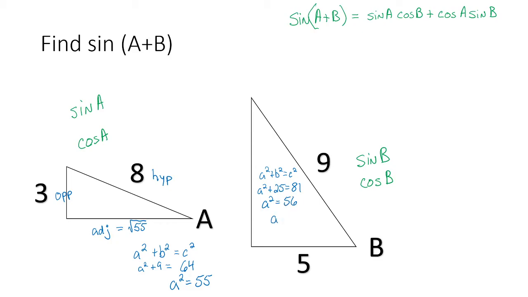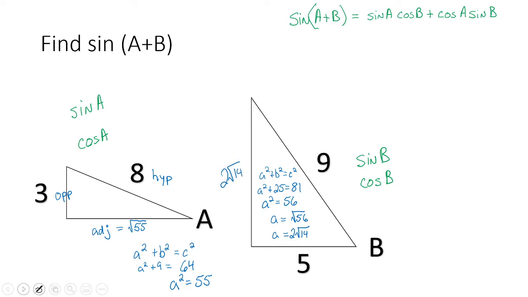So A equals the square root of 56. You know that we can simplify that, I hope. So when we do, if we take 56 and divide by 4, we'll get 14. So it becomes 2 root 14. So the opposite side is 2 root 14.